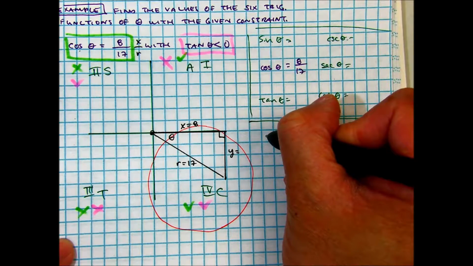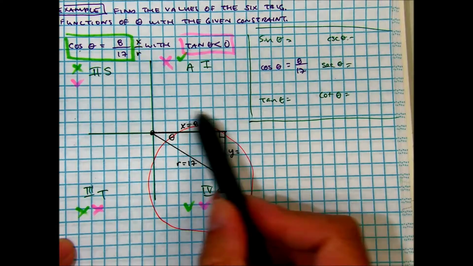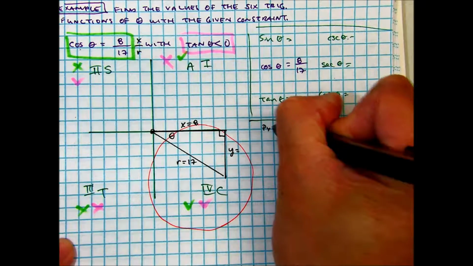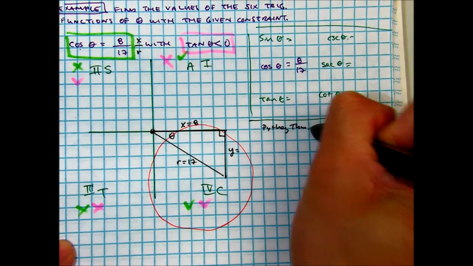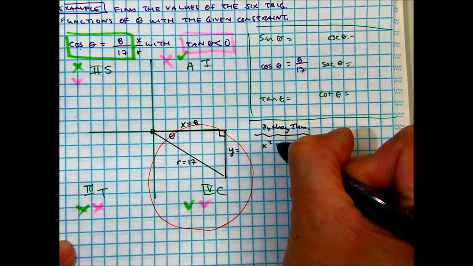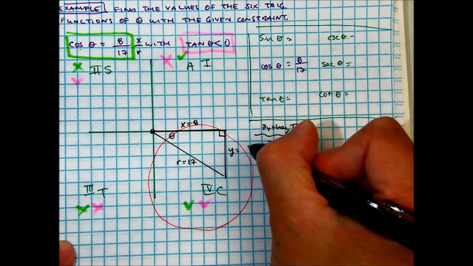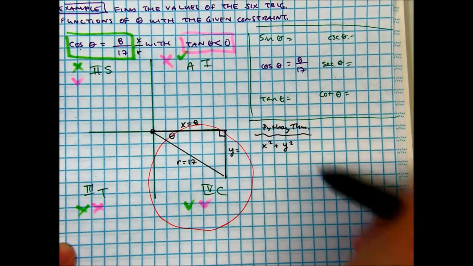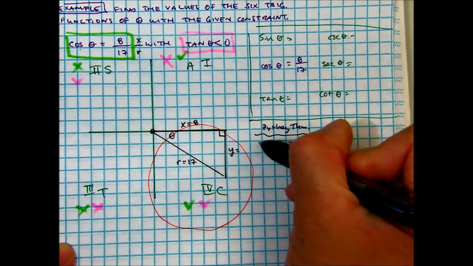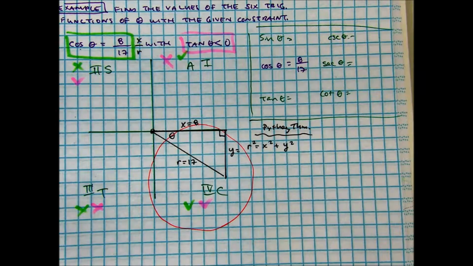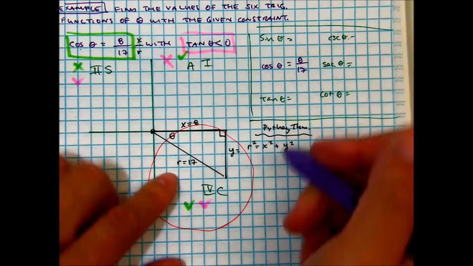What is the Pythagorean theorem? x squared plus y squared equals r squared. There you go. Alright, so we fill those in. I have 17 squared equals 8 squared plus y squared.